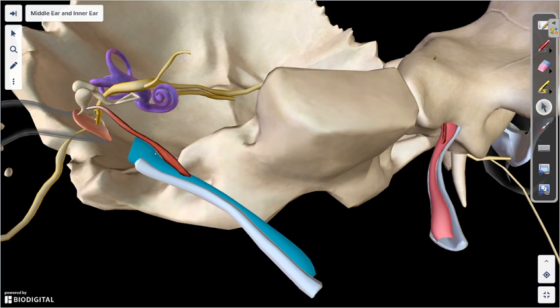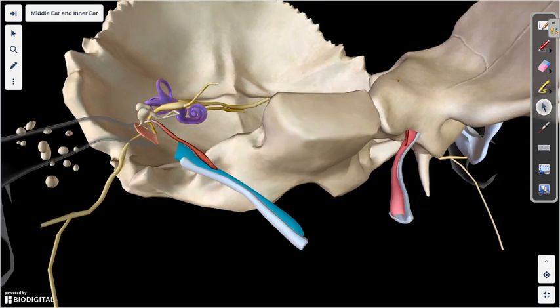And how does the eustachian tube do that? Let's give an example when you're scuba diving. The deeper you dive, the higher the pressure becomes. So water exerts pressure on your tympanic membrane. That means the pressure on your auditory canal is higher than the pressure of the middle ear.